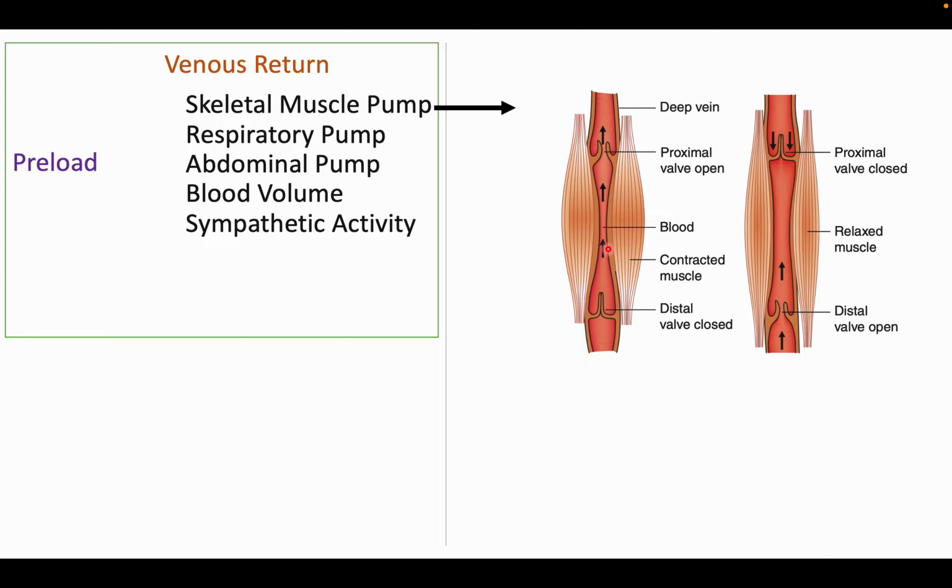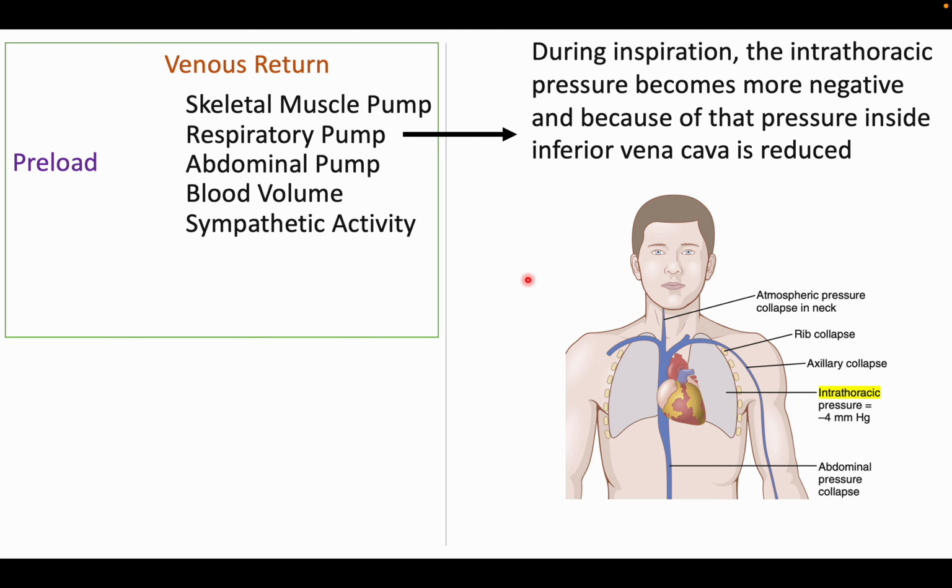It is very helpful if you are walking or running, in an ambulatory person. It is very helpful to maintain the cardiac output. If the patient is bedridden or paralysis is there, this skeletal muscle pump cannot work effectively and cardiac output can change.